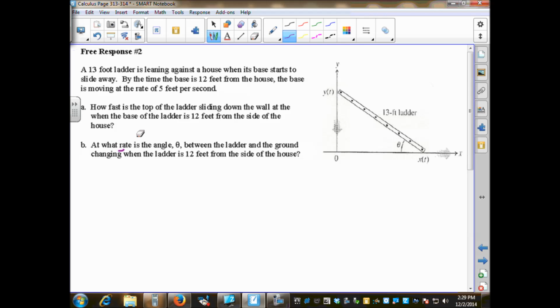So d theta with respect to time is going to be negative something. We also still have the base is moving, so we have dx dt, and that's increasing.